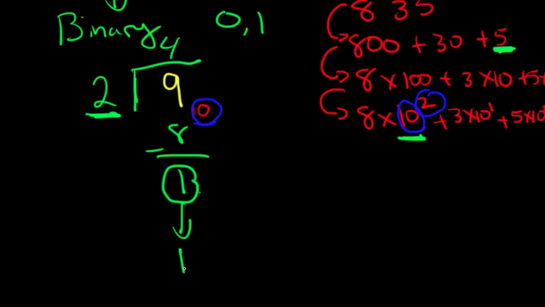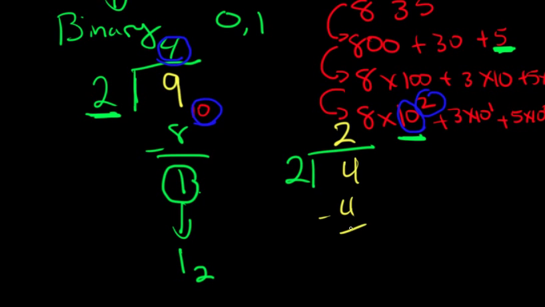So we write a 1 in base 2, and we take 4 now and divide that by 2. 2 can go into 4 2 times, and we get 0. So now we take this 0 and put it in the next spot. So now we have 0, 1 in base 2.